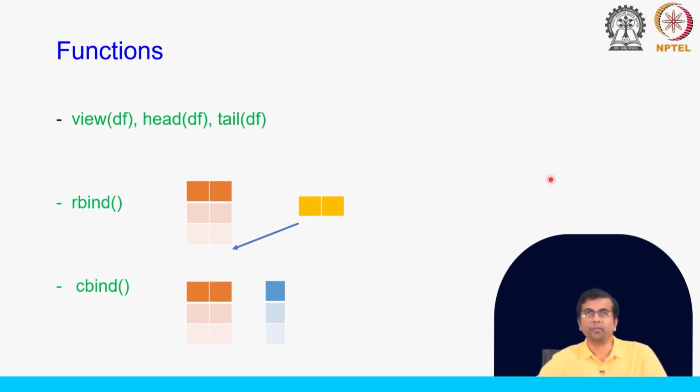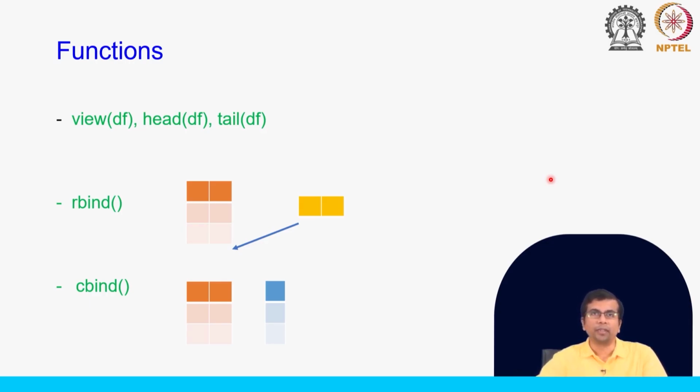In that case, we use the commands head and tail. The head command will give you the first 6 lines to be precise, but you can also specify how many rows you want. And then the tail command will show you the last 6 rows of the data frame, right? Again, you can control how many rows you want.